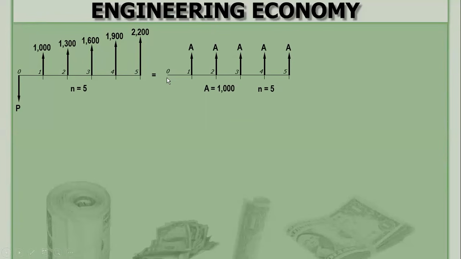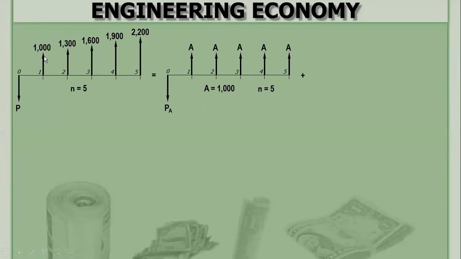It's easy to get the present worth of the ordinary annuity. We denote it as P sub A. We already have discussed this one, or there's already a video on ordinary annuity. Just watch it.